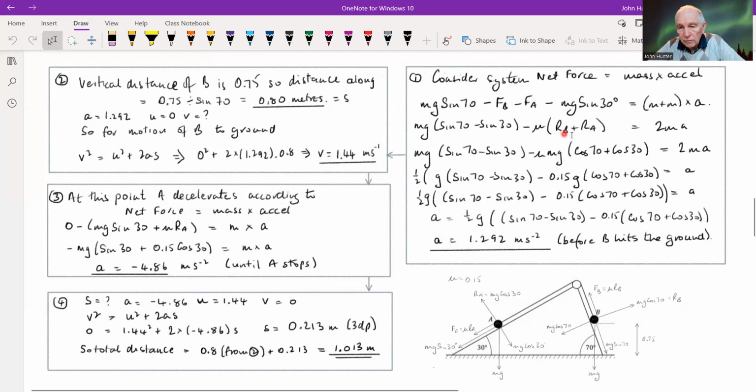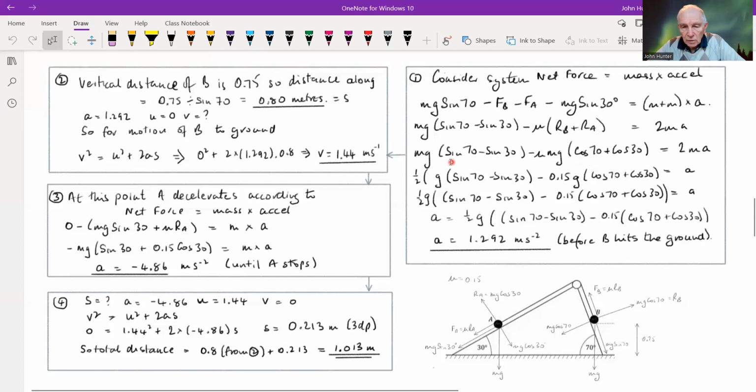Then when we convert the RB and the RA, according to what we know from the diagram there and there, then we get this expression. Right, okay, the m's are going to cancel out of there, aren't they? We're taking g equals 10.